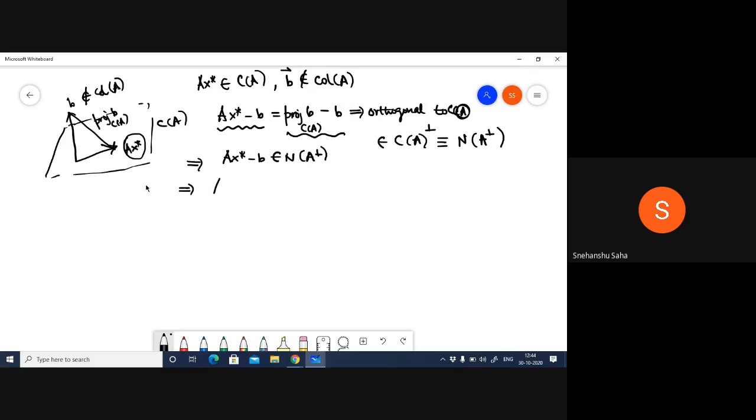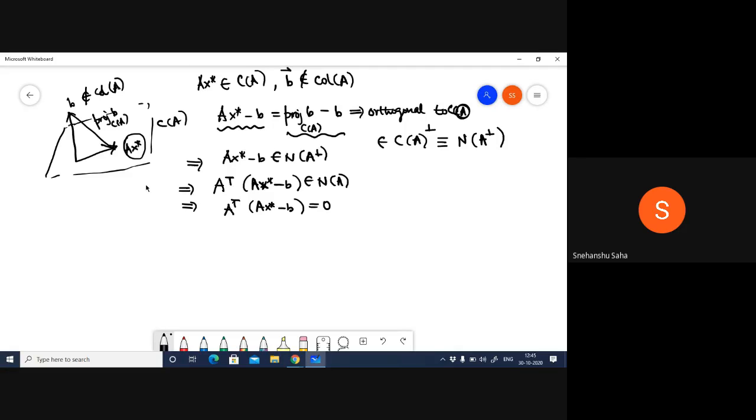So what we can write is that A transpose of AX star minus B belongs to the null space of A. Okay, and that means that A transpose (AX star minus B) is equal to 0, right? Because X star is such a vector which belongs to the null space of A.